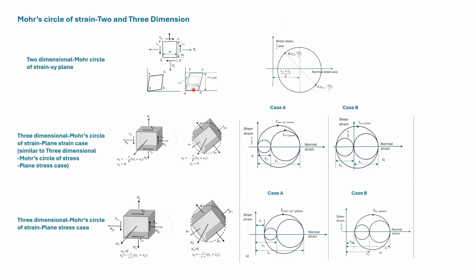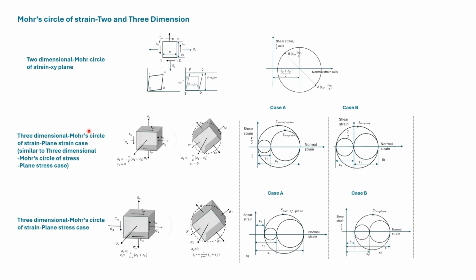Then from epsilon x and gamma xy divided by 2, we plot point A, and from epsilon y and gamma xy divided by 2, we plot point B. With the diameter AB, we can rotate and get the whole Mohr circle of strain.